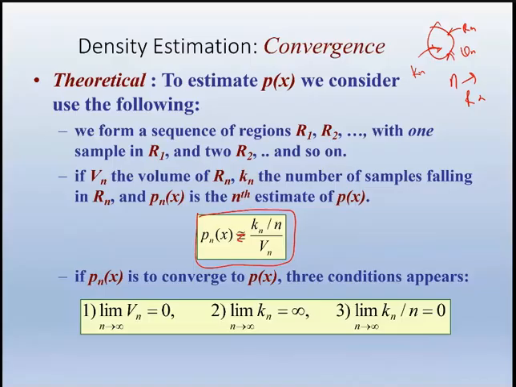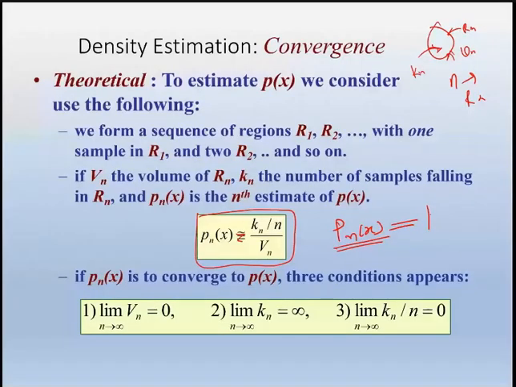And if p_n of x is to converge to p of x, what I mean is p_n of x is the estimation. If you want this to be equal to the actual distribution, what do we have to do?